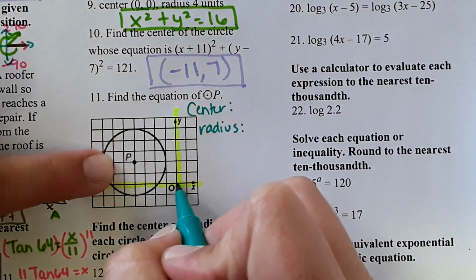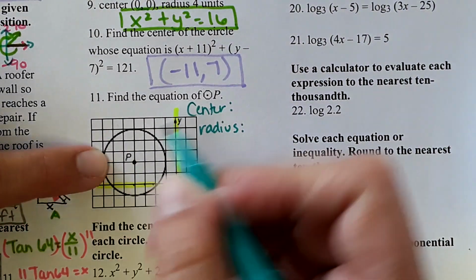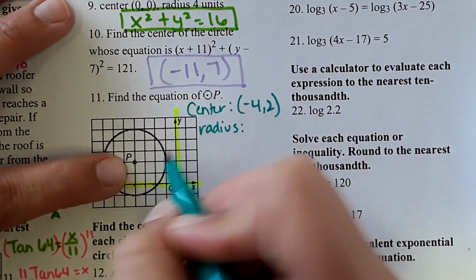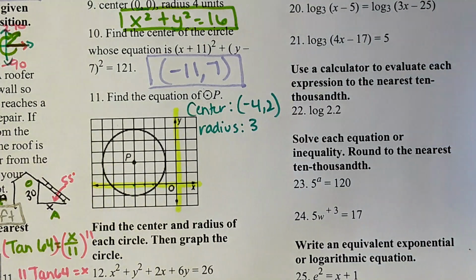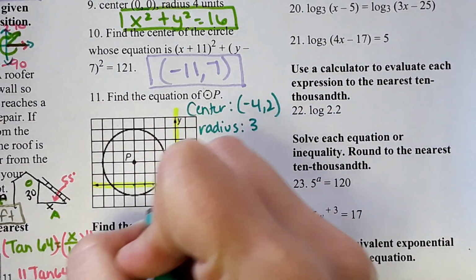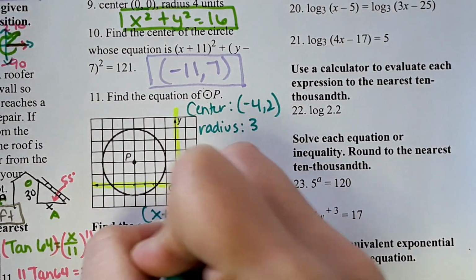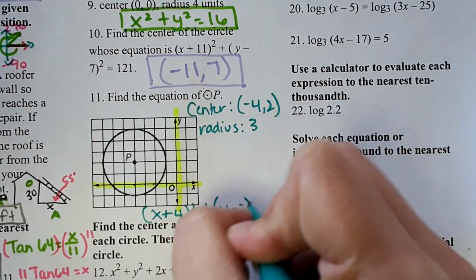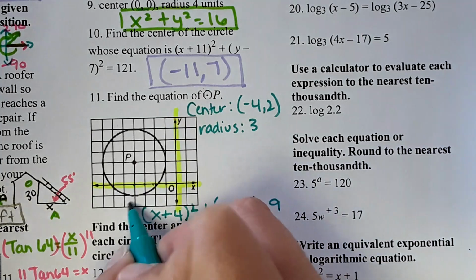So the center of the circle is at (negative 4, 2). And the radius is 3 units. And then plugging that into the equation, it would look like this. (x plus 4) squared plus (y minus 2) squared equals 9.